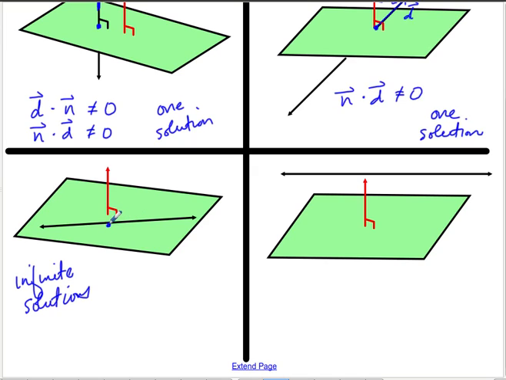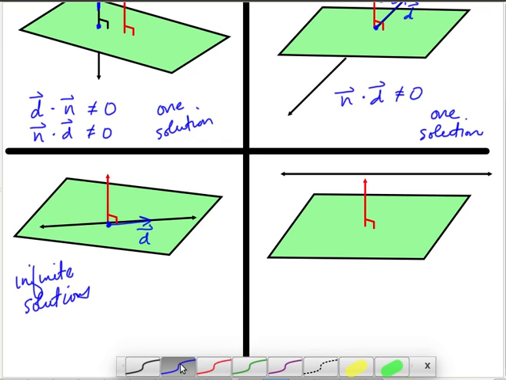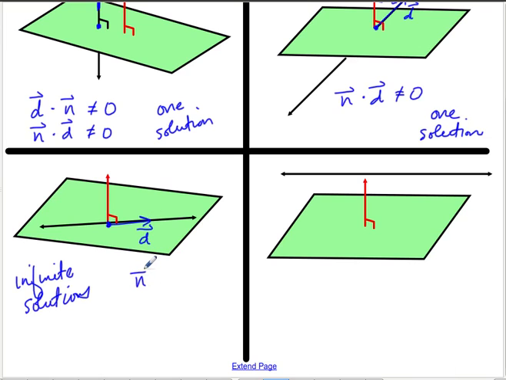Once again, if I put in a direction vector d and I shift over that normal so that they line up, well, the fact that the normal is perpendicular to the plane and the fact that the line is within the plane, that means that the normal is perpendicular to the line. So the normal vector is perpendicular to the plane.